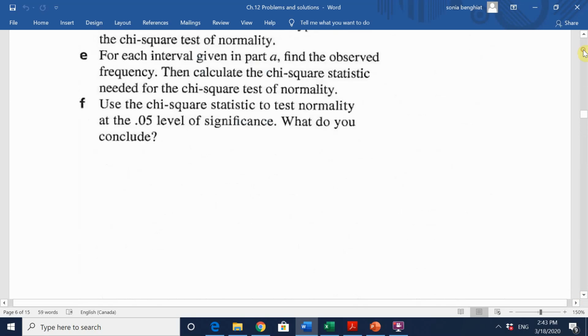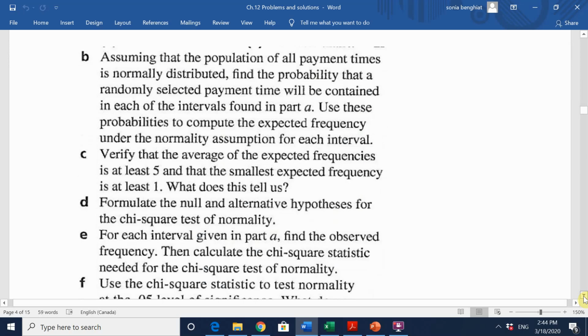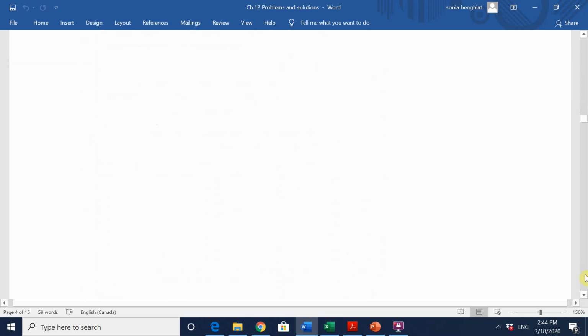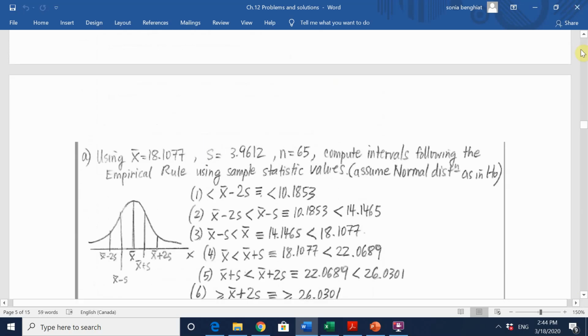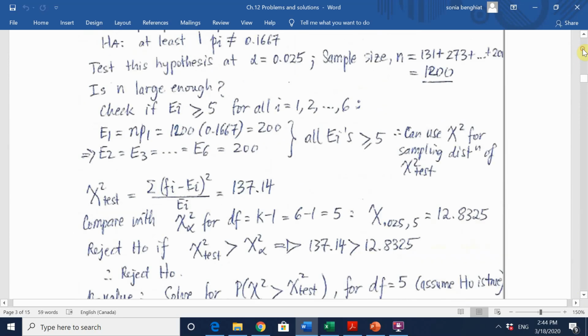Now let's go check the questions. In question C, verify that the average of the expected frequencies is at least 5 and that the smallest expected frequency is at least 1. What does this tell us? Under normal circumstances, in order to apply the chi-square test, all expected values for each category must be at least 5.